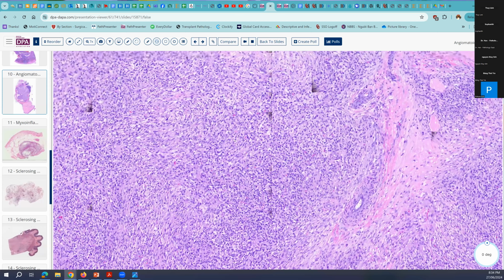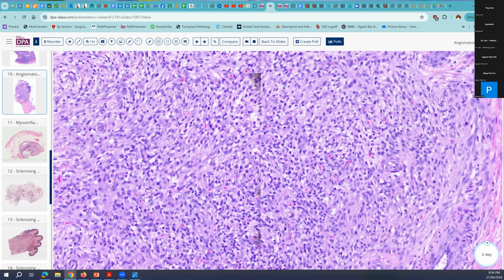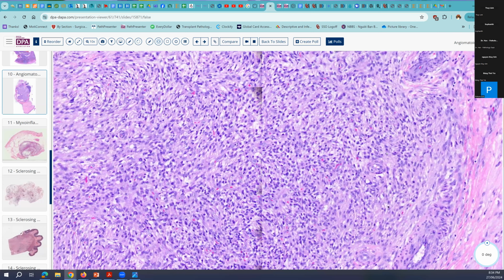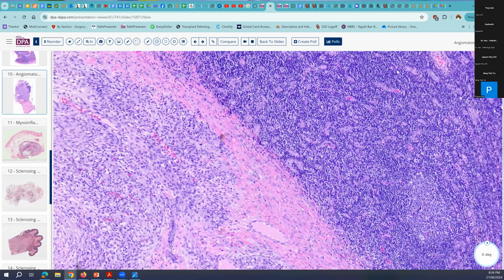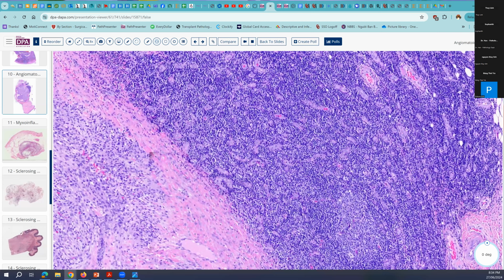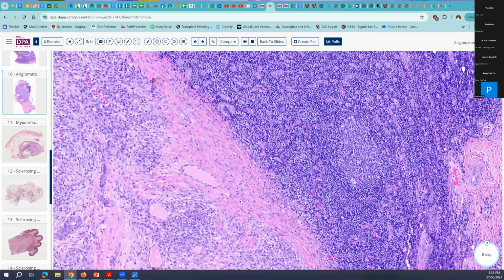I apologize, we've got a few stitching marks in the scan here. But then, did you notice at the periphery, we have this cuff of lymphoid cells, even with a little germinal center. So this is a nice example of this angiomatoid fibrous histiocytoma.